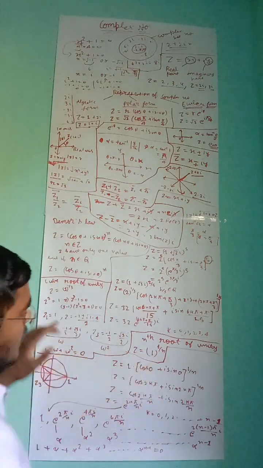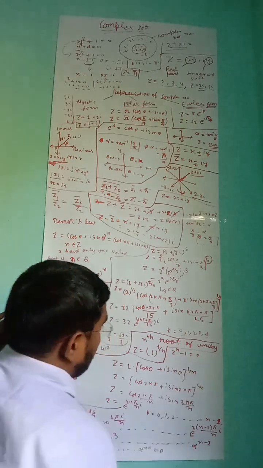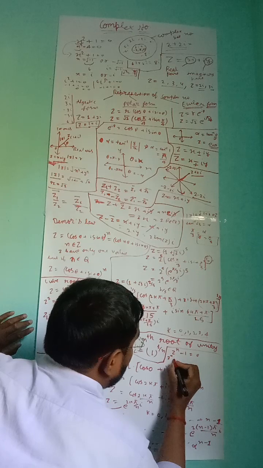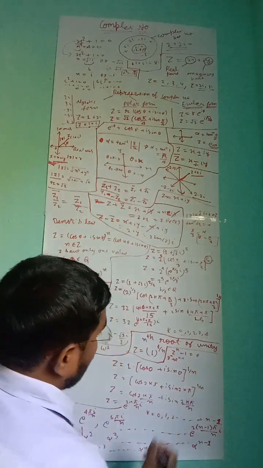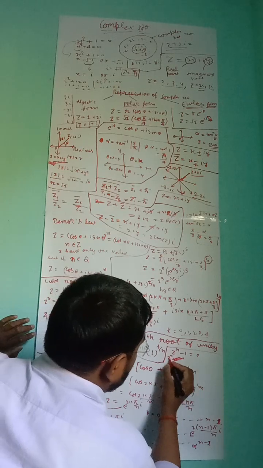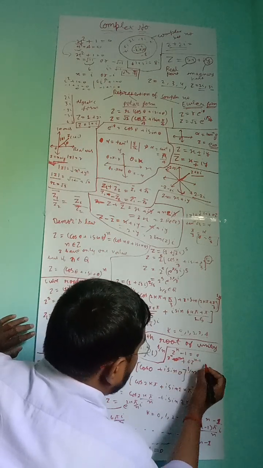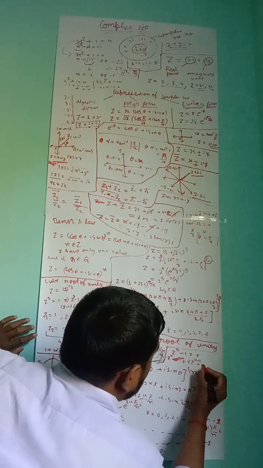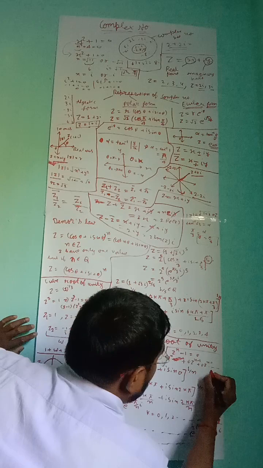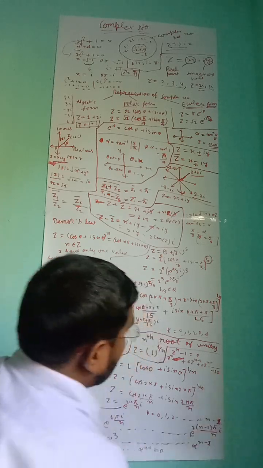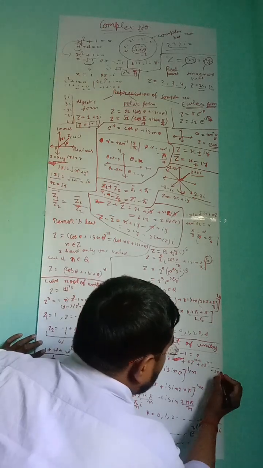This is my z. So z power n minus 1 is equal to 0. So we have written this as z power n minus 1. This is z power n plus 0 z power n minus 1 plus 0 z power n minus 2, and so on, minus 1 equal to 0 here.